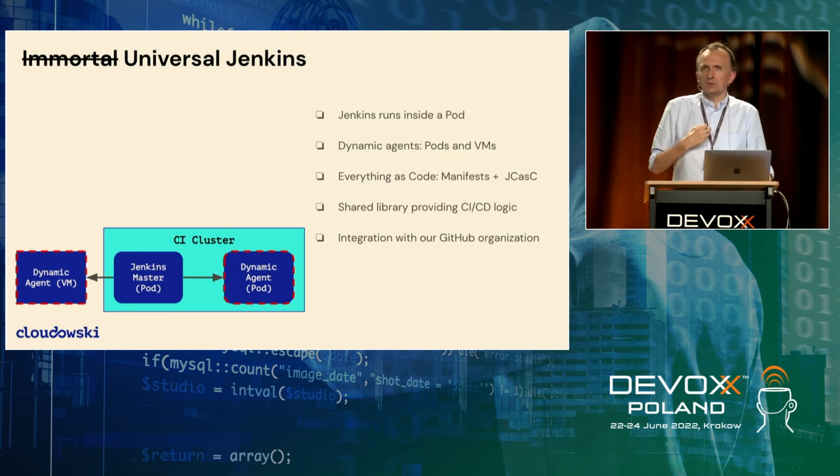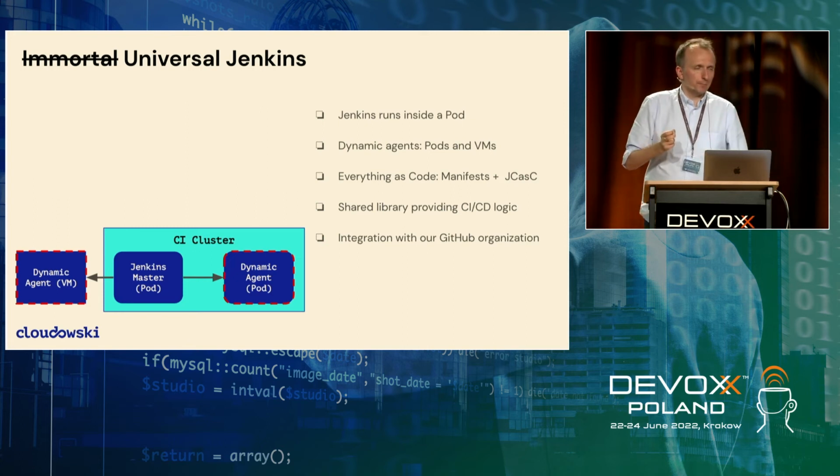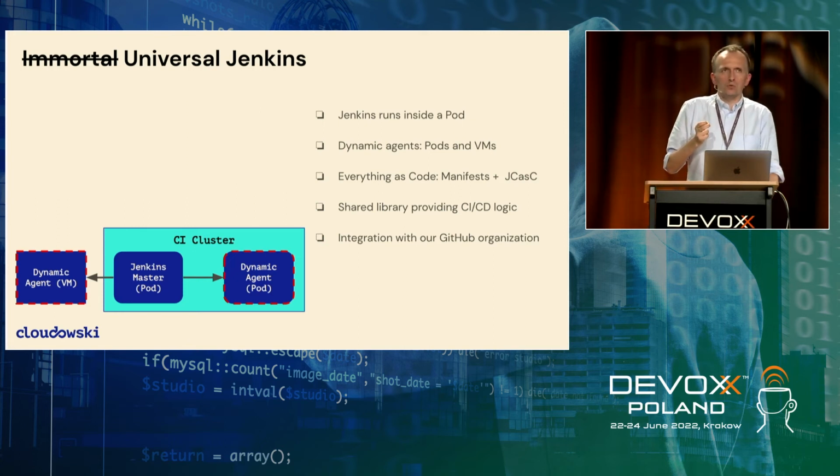We found out that virtual machines are just faster. For example, we use end-to-end tests, and we found out that by using a dedicated virtual machine, it's just faster, and they are not as expensive as you might expect, because we just use them for like 10 hours per day.